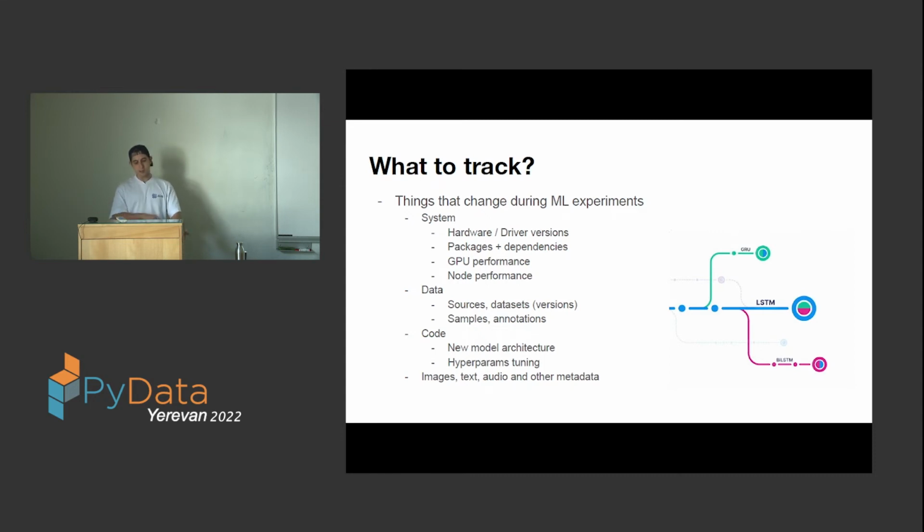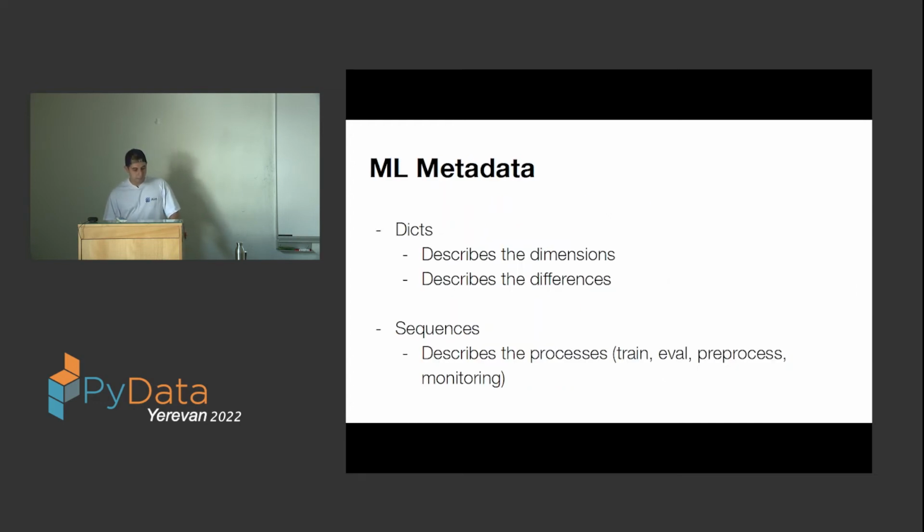And then apart from this, you end up tracking a lot of information about your model, which is images, metrics, hyperparameters, text, whatever is your problem. So this is still just the training tracking. So what is ML metadata? Training tracking actually gives a decent idea of what ML metadata is, because at every point in the pipeline that I've shown, similar types of data get tracked, right?